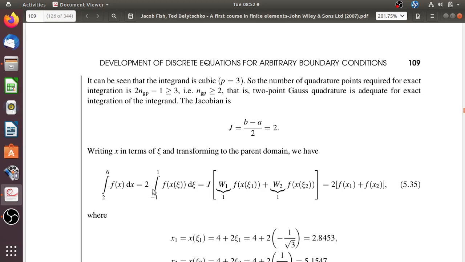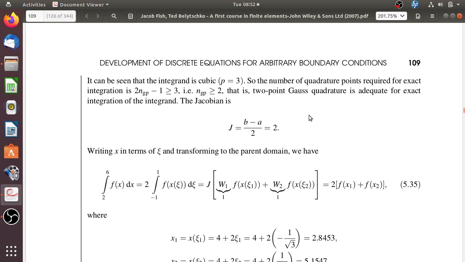This integration I could solve using some weight times the value of the integrand at some particular zeta, which is one of the Gauss quadrature points, and I have to do the same for the other Gauss quadrature point.